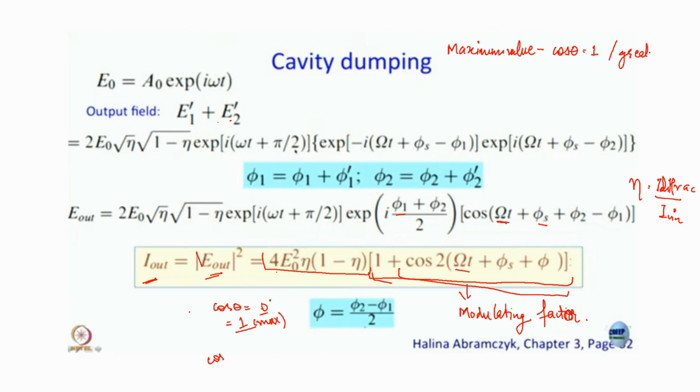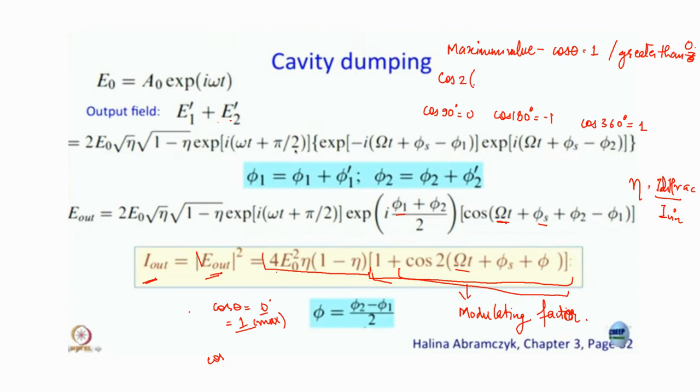When is it 0? The value of cos 90 is 0, the value of cos 180 is equal to minus 1, and the value of cos 360 is again equal to 1.